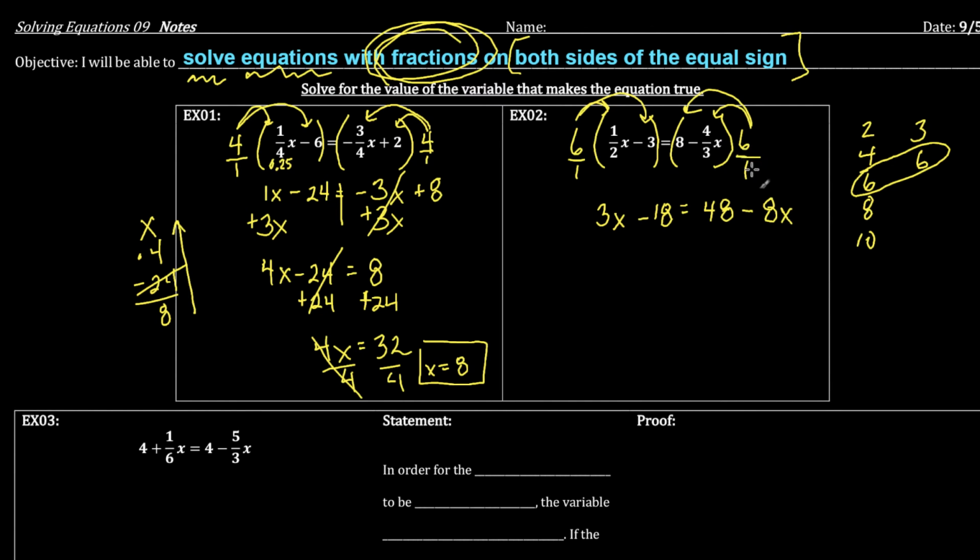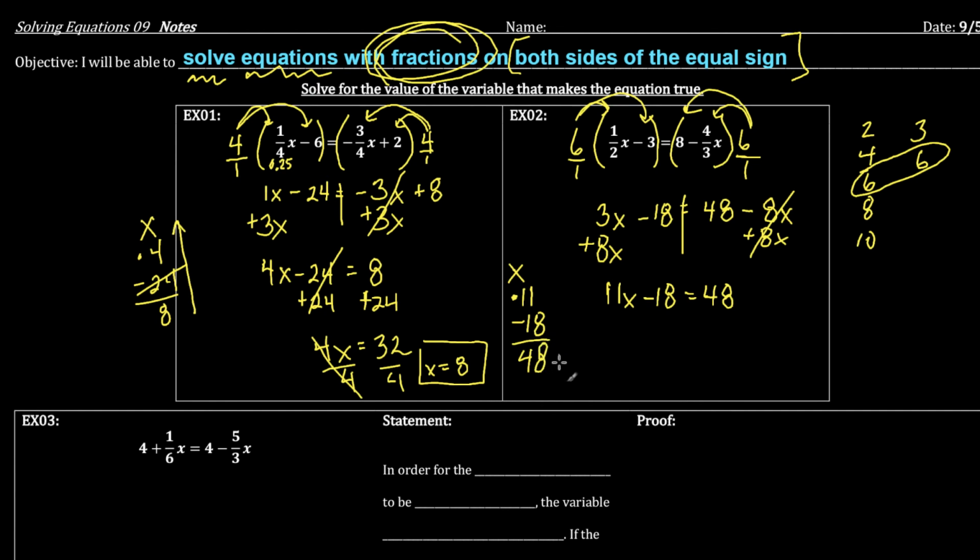X is on both sides, so let's add 8x here. Add 8x here. And so 3 plus 8x is 11x minus 18 equals 48. So I took x, I multiplied it by 11, I subtracted 18 and I got 48.